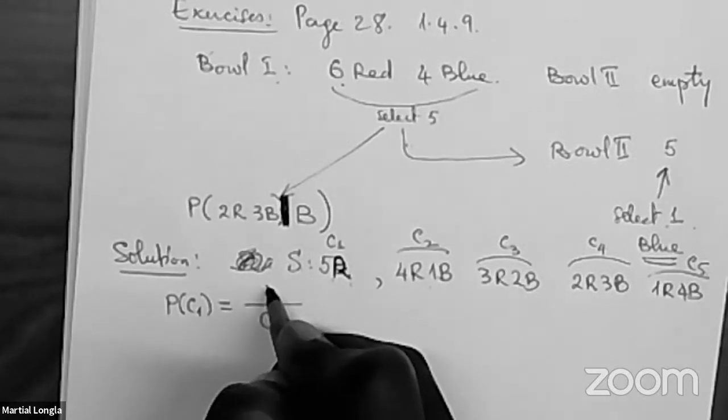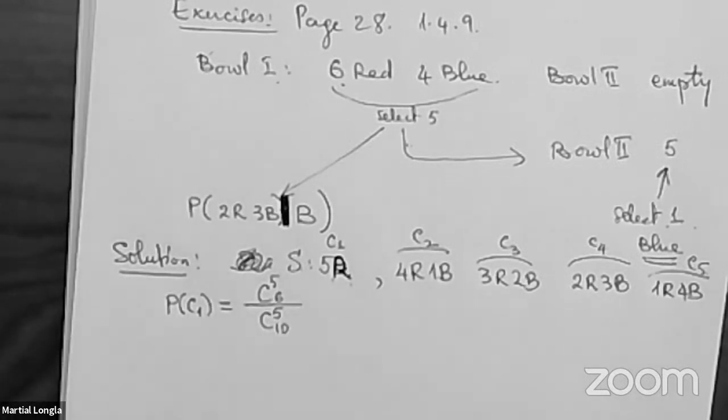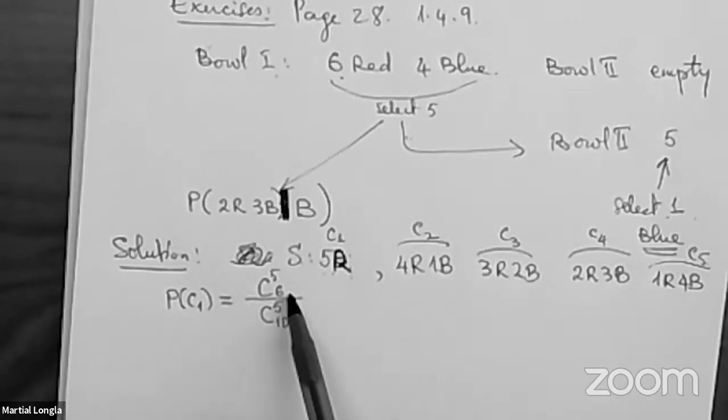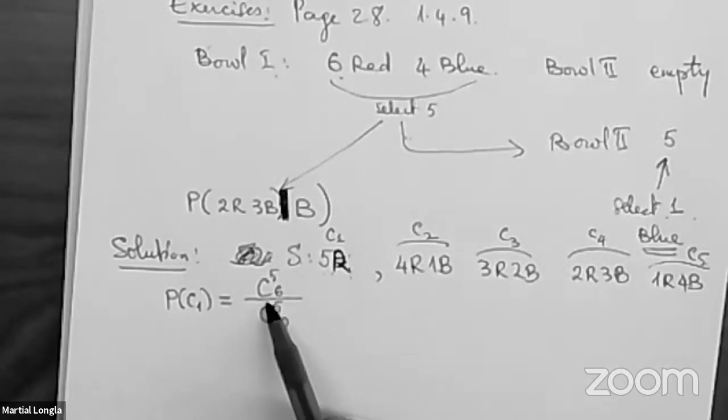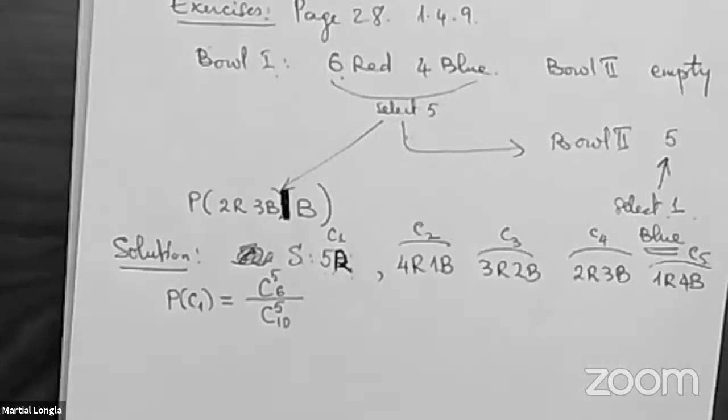And here we are choosing 5 out of 6. So the number of cases here is choose the 5 out of the 6 red, because we have 6 red. And the total number of elements in the sample space is choose 5 out of 10, because we have 10 chips from which we are selecting 5 without replacement.